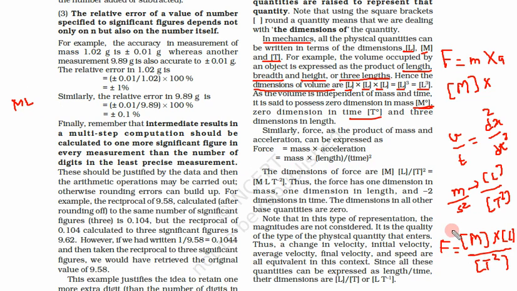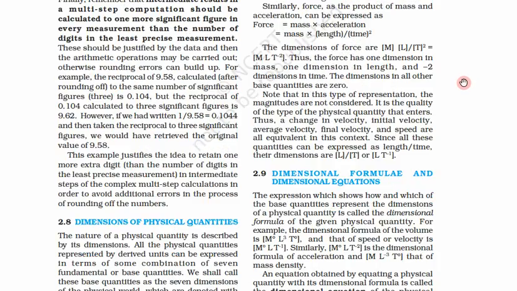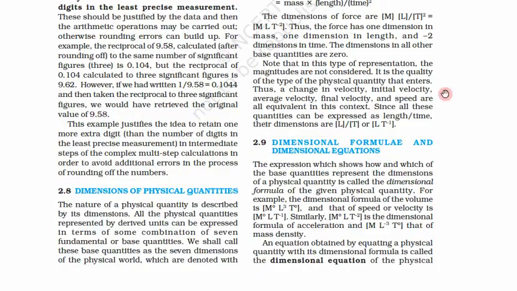The t square, when it goes up, becomes minus power: m L t minus 2. So these are the dimensions of force, m L t minus 2. In this way we write dimensions of different physical quantities, and they give us a hint about what quantities, and what power of those quantities, these physical quantities depend on.